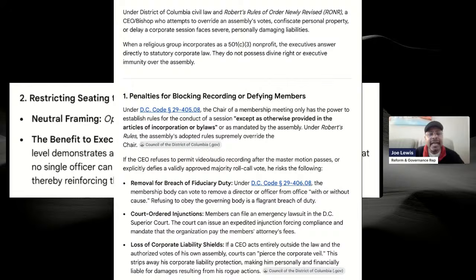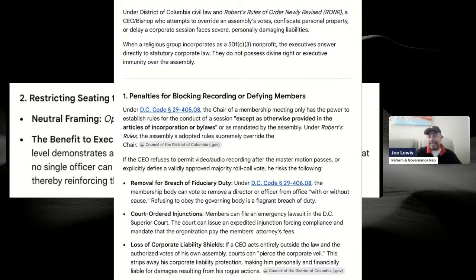If a CEO acts entirely outside the law and the authorized votes of his own assembly, courts can pierce the corporate veil. This strips away his corporate liability protection, making him personally and financially liable for damages resulting from his rogue actions.